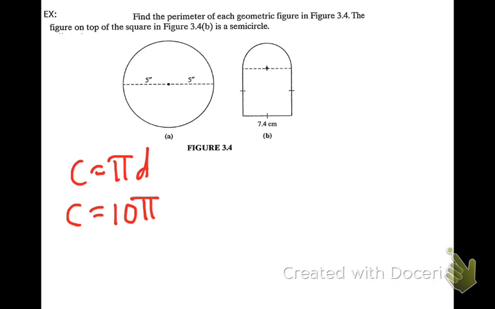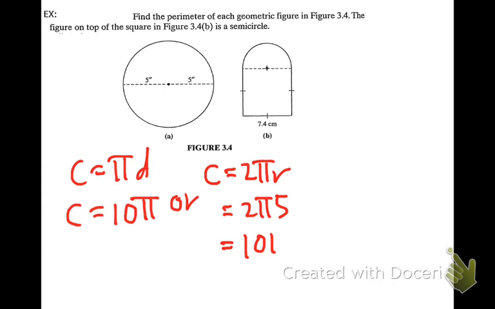Now, if I did C equals 2 pi r, my next step would be that equals 2 pi times 5. Then I do have to do a little calculation, so that would be 10 pi. I get the same answer. Don't forget to give your units.